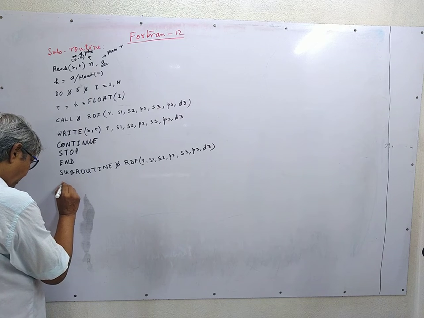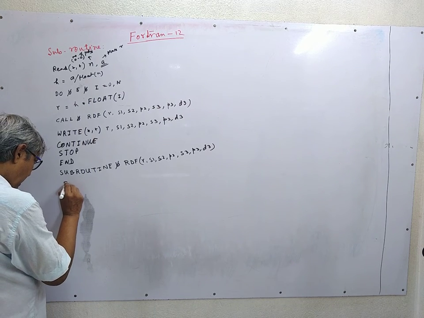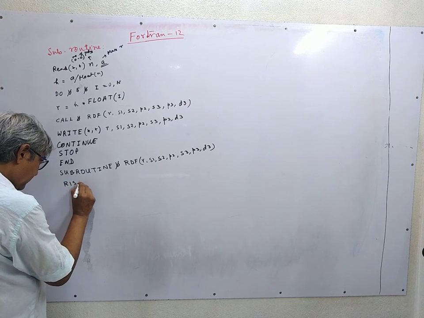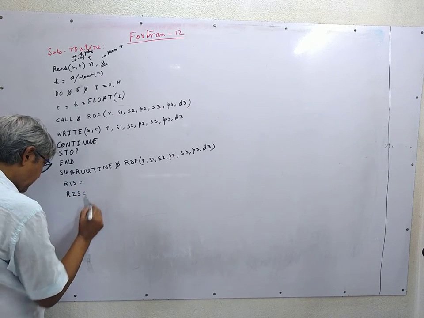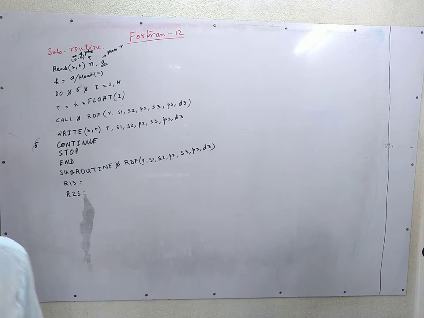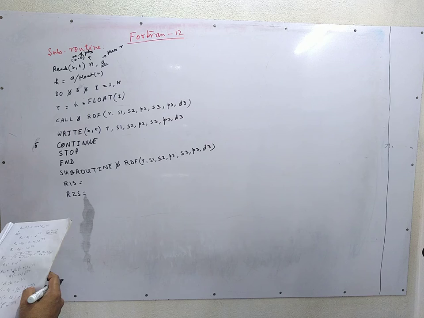We first define R1s, the wave function, R2s. Let me first define R1s. R1s means radial function.